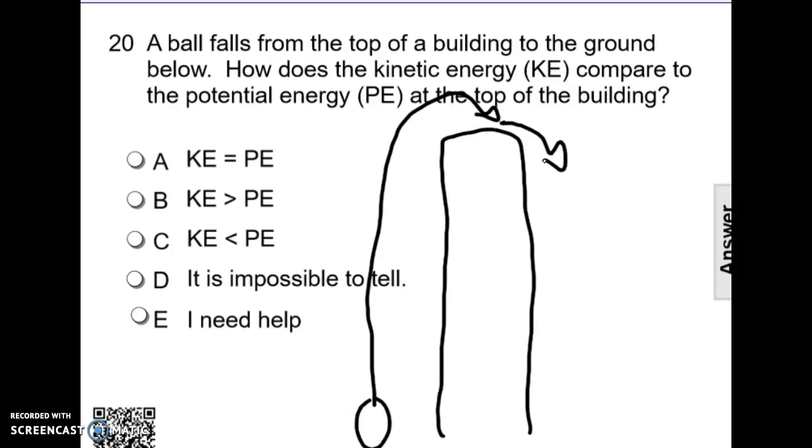It's going to have a lot of height, but not very much velocity. With a lot of height, it has a lot of gravitational potential energy. But without a lot of velocity, it has a little bit of kinetic energy. So the correct response, and I don't like how they wrote it, they say kinetic energy is less than potential energy. I prefer to think of it as potential energy is greater than kinetic energy up at the top.